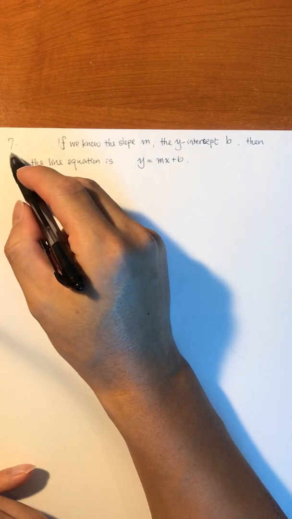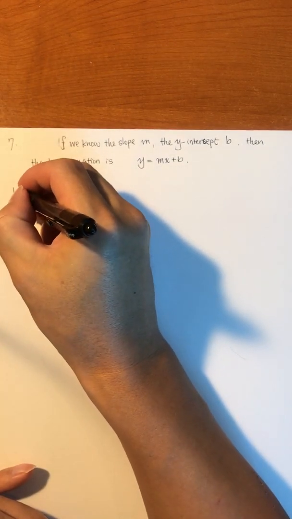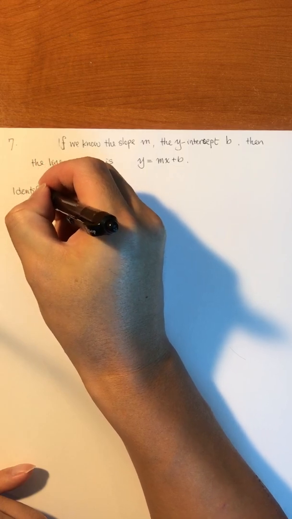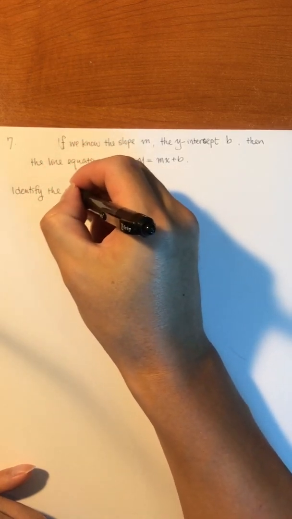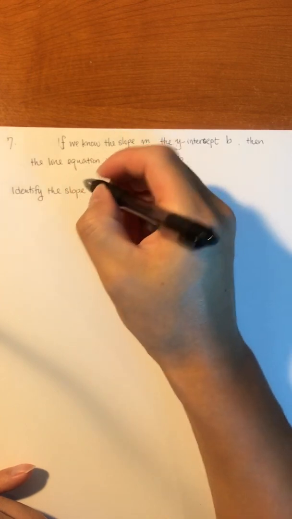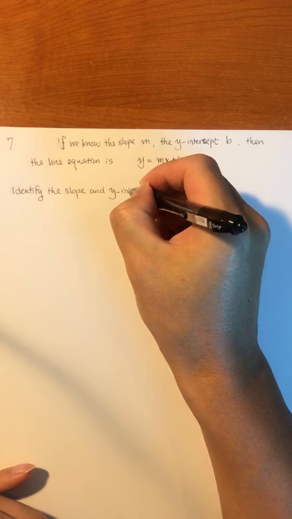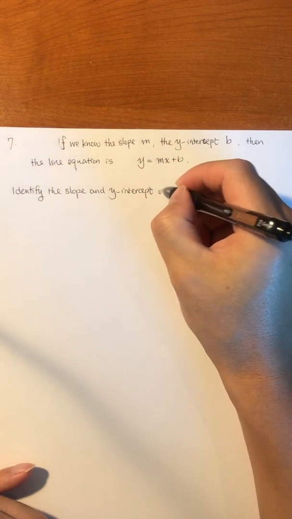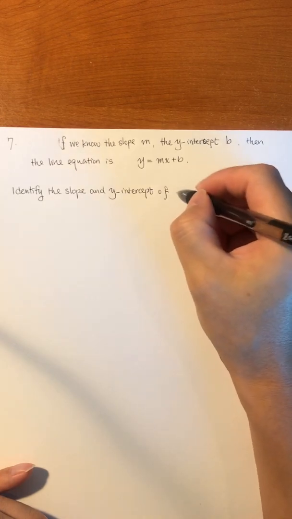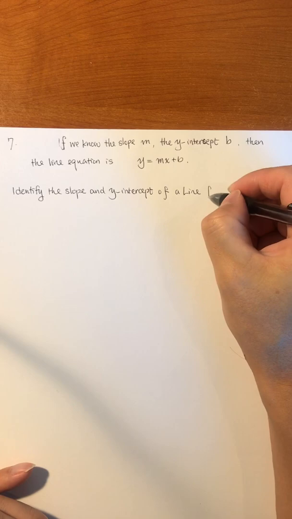So in the seventh part, we are going to identify the slope and y-intercept of a line from its equation.